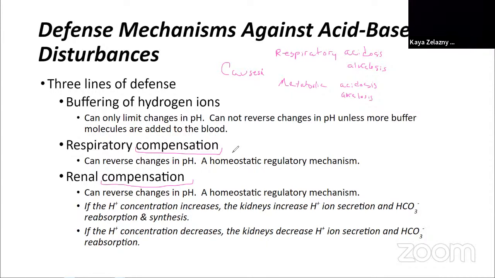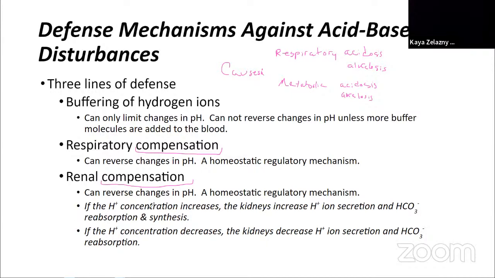It's also a homeostatic regulatory mechanism. With the kidneys in renal compensation, we're going to physically adjust how many hydrogen ions are being secreted and then excreted, and change how many bicarbonate ions we're reabsorbing or synthesizing, and then absorbing those bicarbonate ions that we've just synthesized.